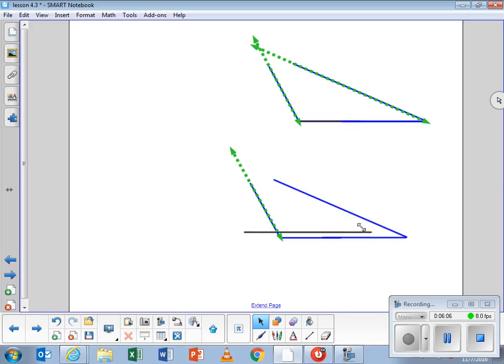So we have something like that. Okay? Now, let's try this. If I go highlighter.